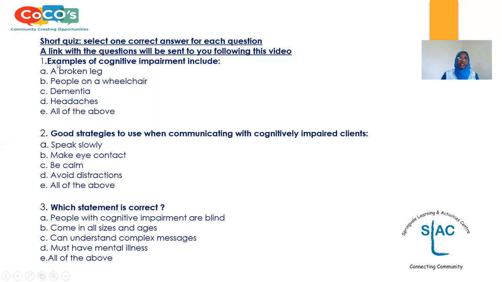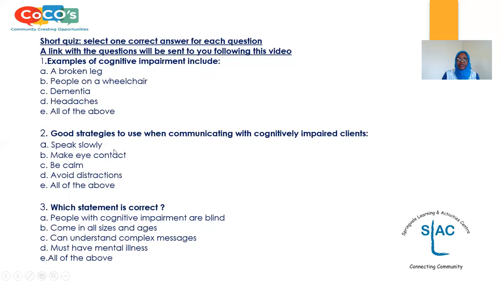Question 1, examples of cognitive impairment include A, a broken leg, B, people on a wheelchair, C, dementia, D, headaches, and E, all of the above. Number 2, good strategies to use when communicating with cognitively impaired clients.